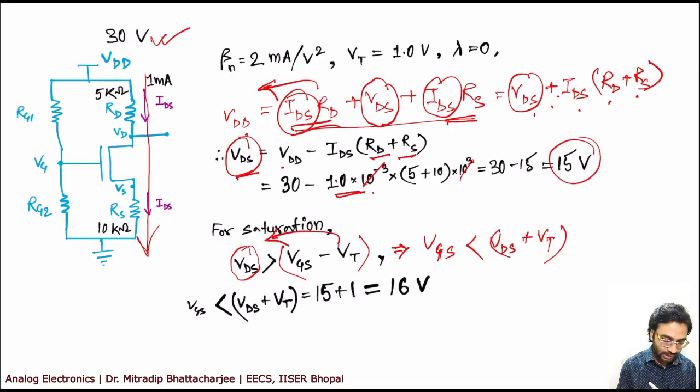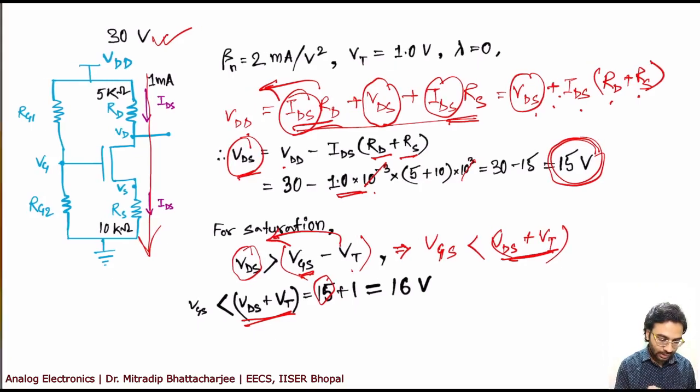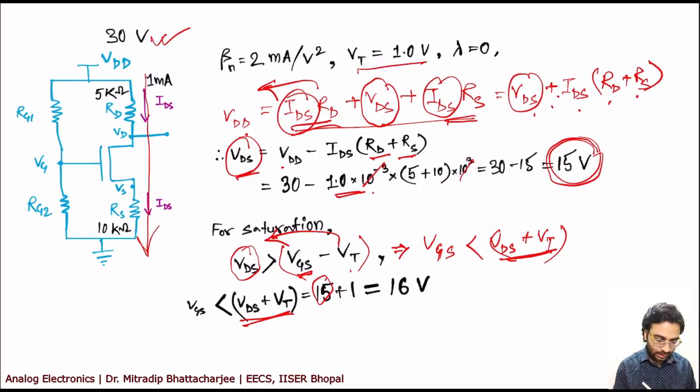Just take this to that side. So your VGS is less than VDS plus VT. That is what is written. Now your VDS value is 15 volt and your VT value is given here as 1 volt. So it is in total 16 volt. The condition is your VGS, whatever will come, should be less than 16 volt. If it is not less than 16 volt, it is not in the saturation region.